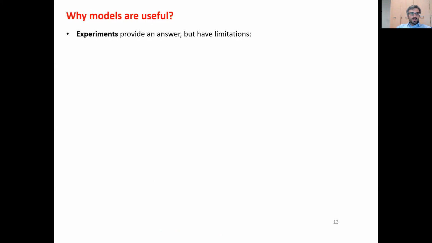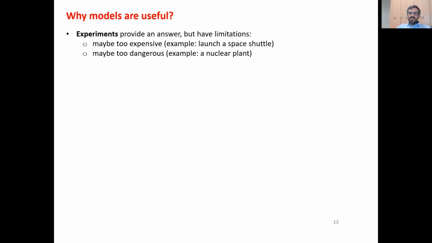And why is a model useful? Because the experiments we do on the system provide an answer on what we want to know about the system, but they can be too expensive. Think about launching a space shuttle. You don't want to just launch it; you want to run many simulations before launching a rocket, to predict whatever can go wrong.